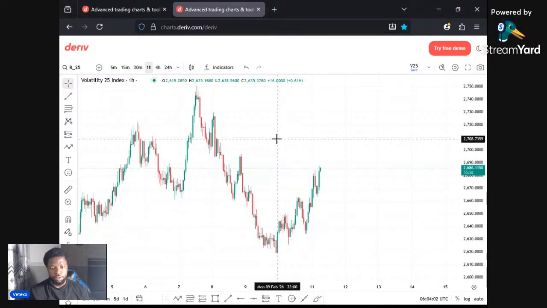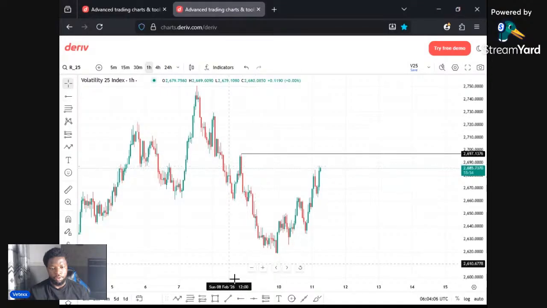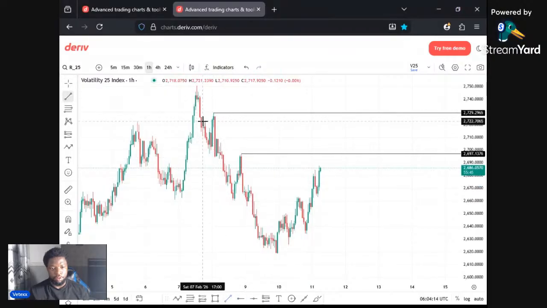Okay, I have a sweep here, right? I have a protected high right here. This is my sweep of liquidity. First break of structure, second break of structure. Then point of interest.